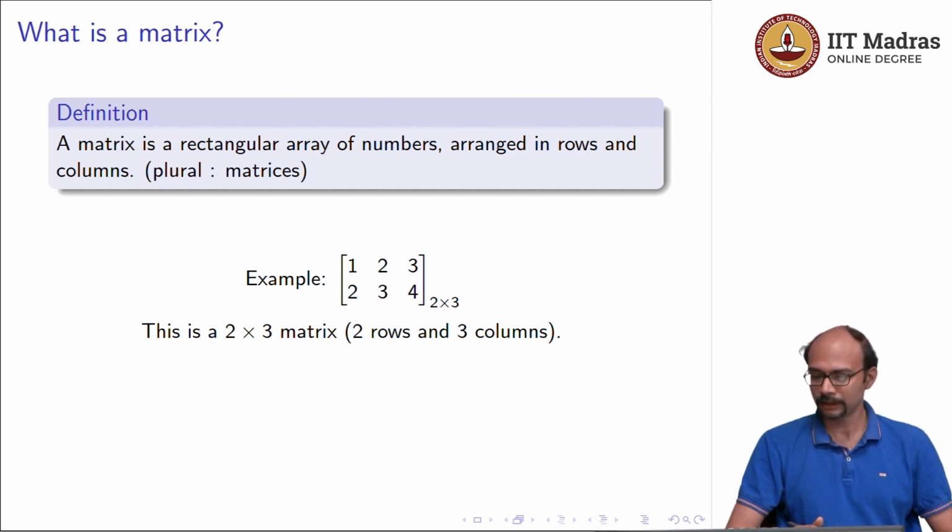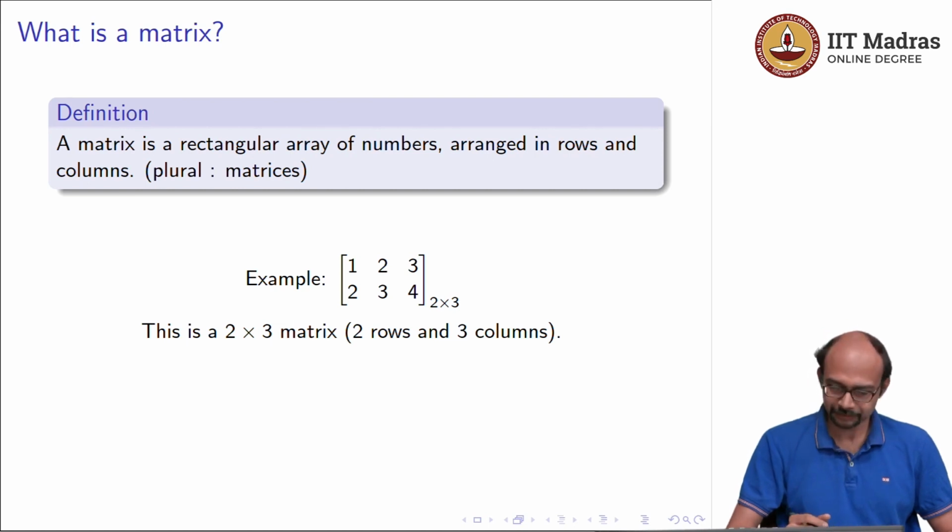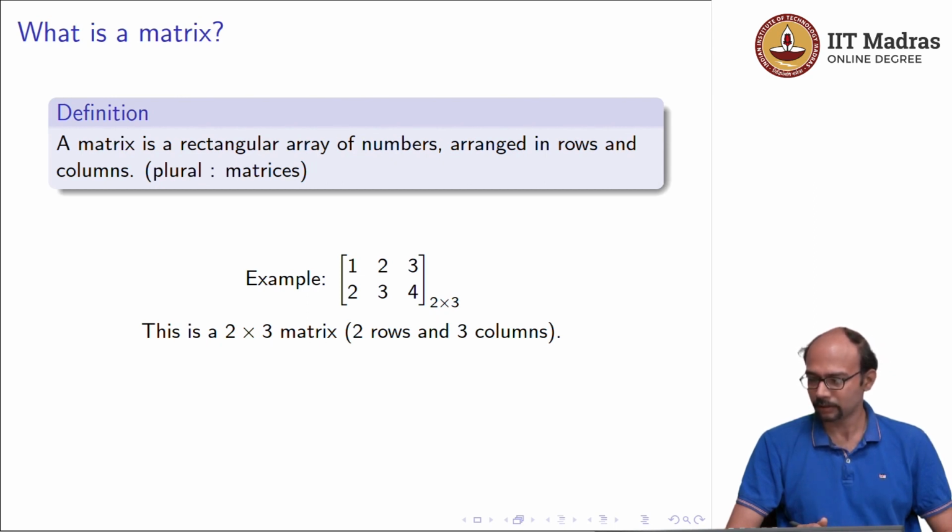This is what is called a 2 by 3 matrix. The 2 refers to how many rows there are in this matrix, and the 3 refers to how many columns there are in this matrix. The 2 by 3 is written to the right of this matrix, slightly below it.